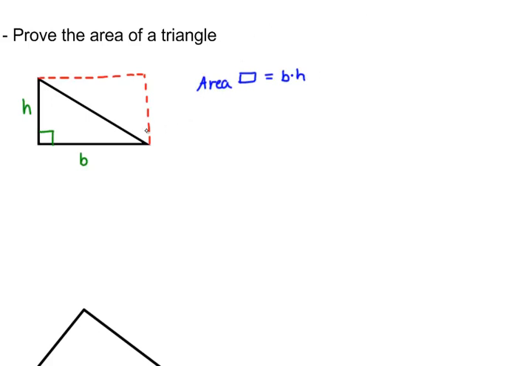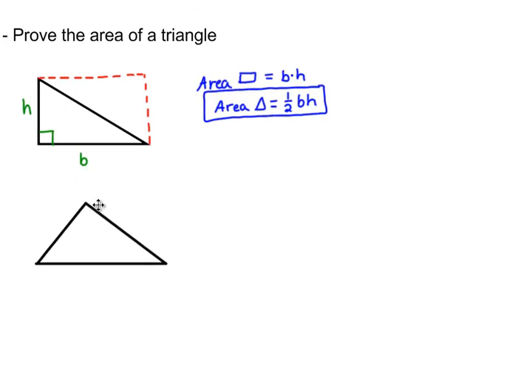So they can use a little bit of logic, and they say, well, the area of the triangle is just half of that, and that's all we have to write. So the area of a triangle is equal to 1/2 base times height. And that's what we want, because that is the proof for the area of a triangle. So we want that equation for all three cases.